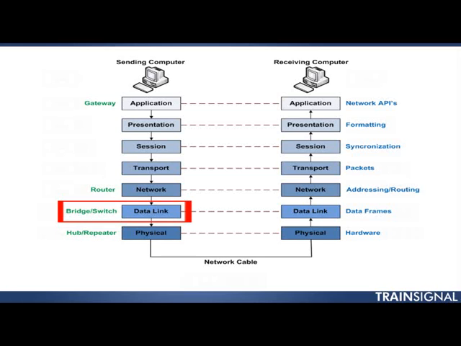Whereas if we move up a layer to the data link layer, this is where a bridge is, which again, we don't see bridges too much anymore in today's networks, but switches we do see. Switches function at the data link layer, and the reason is because there's a little bit of brains involved in a switch.